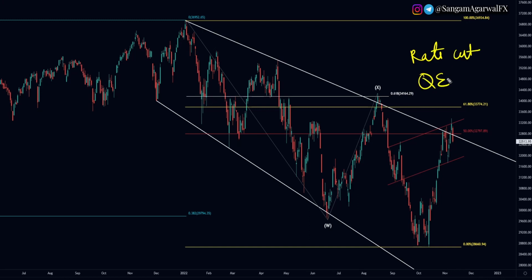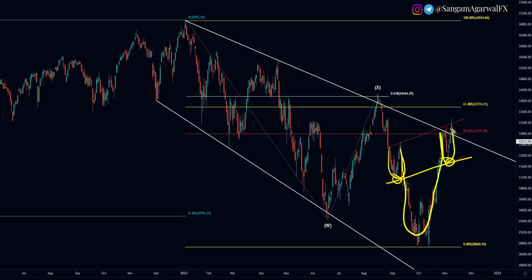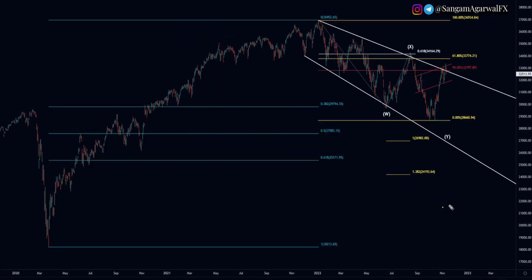When the Fed starts QE monetary policy, then we will look for long opportunities in this stock index. So once this low breaks, because right now it is making a head and shoulders chart pattern, you can expect that the bearish trend has started, and your downside risk is a new lower low.